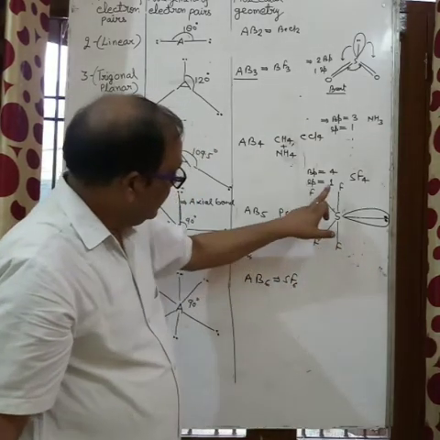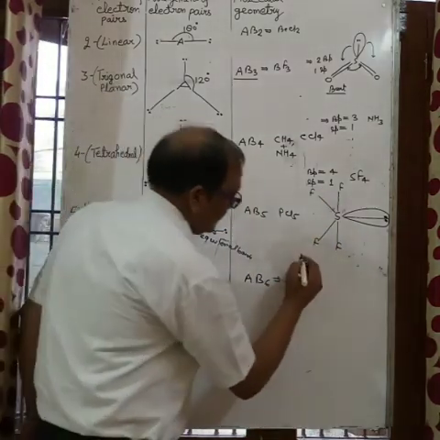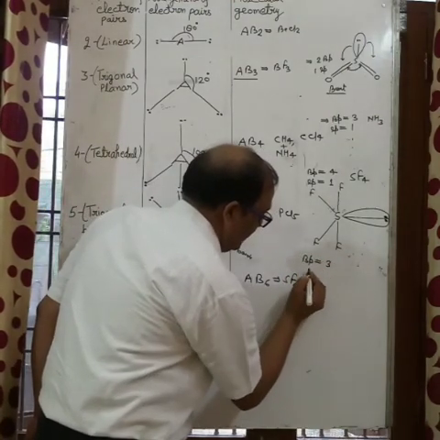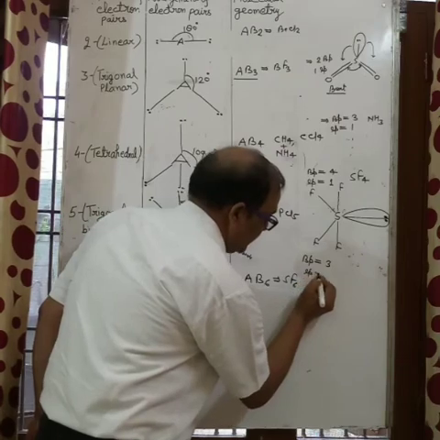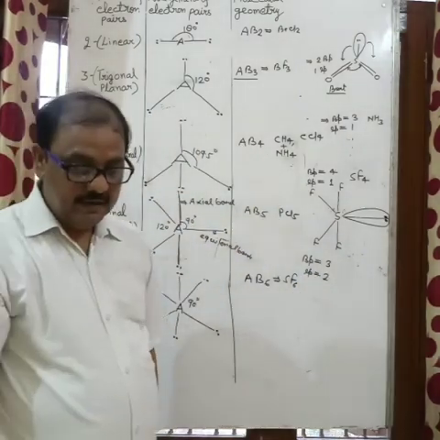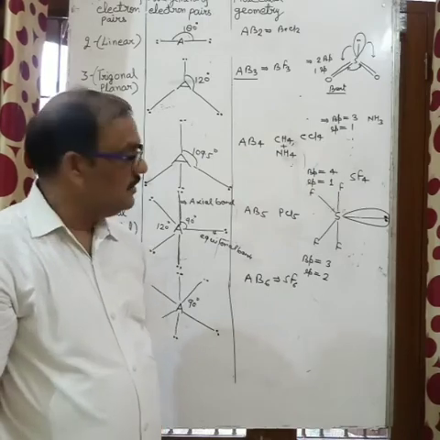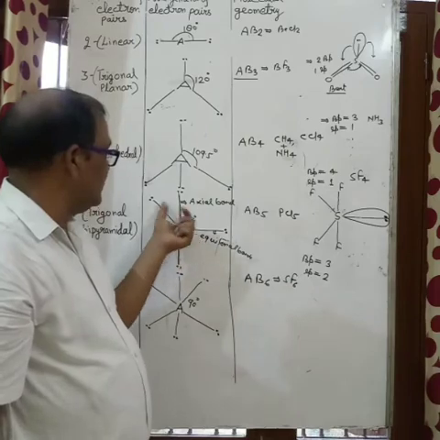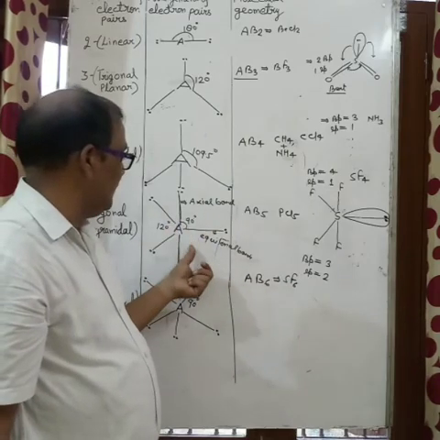Next, in this case, if there are 3 bond pairs and 2 lone pairs of electrons. Exactly, if you look, the normal geometry is trigonal bipyramidal if only bond pair electrons are present, no lone pair.